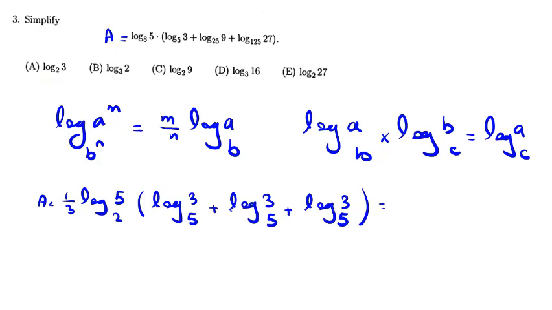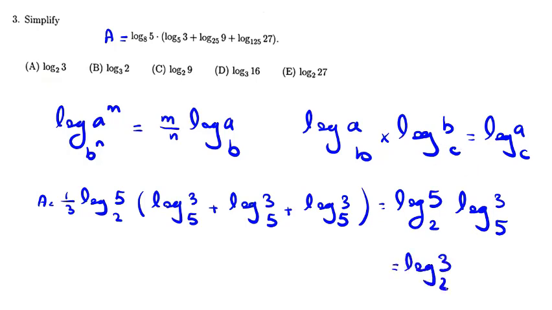So it will be 3 times this, 3 and 1 over 3 will be cancelled, so it will be log 5 in base 2 times log 3 in base 5. Like here, 5 will be cancelled, so the answer will be log 3 in base 2. So the answer is A.